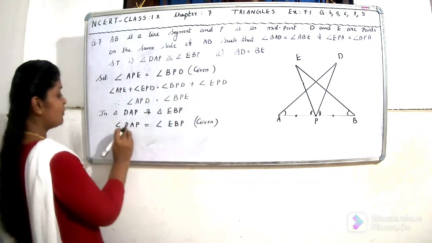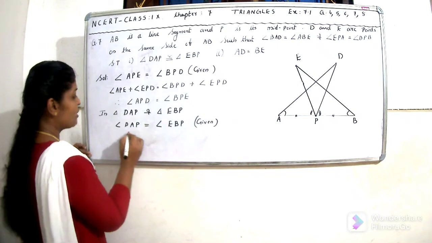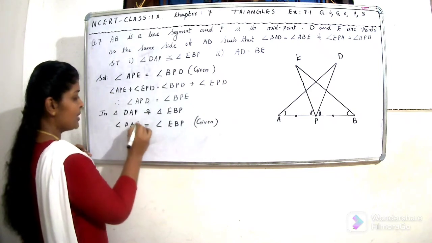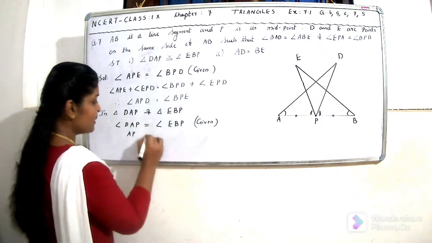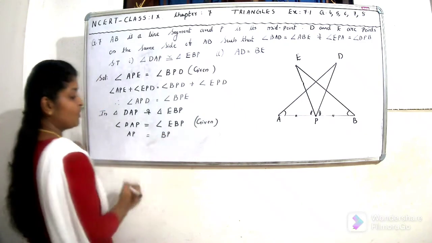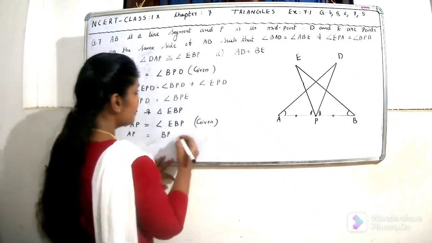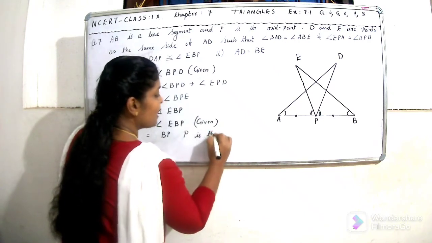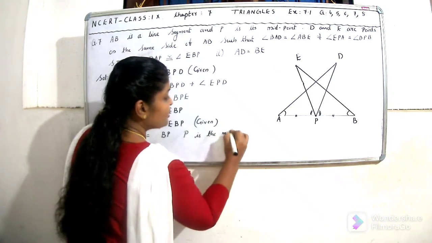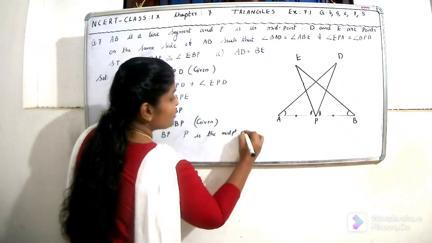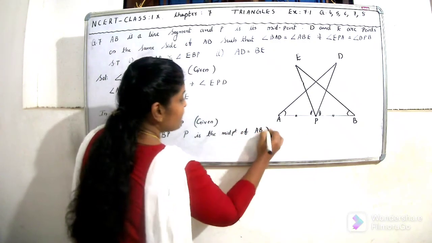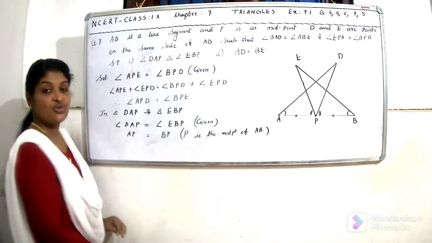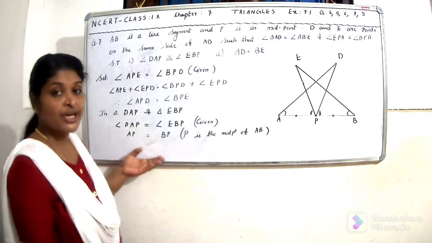So next we will take the side. In this triangle, the sides AP and BP are equal. The reason is P is the midpoint of AB. Because of that, these two sides are equal.